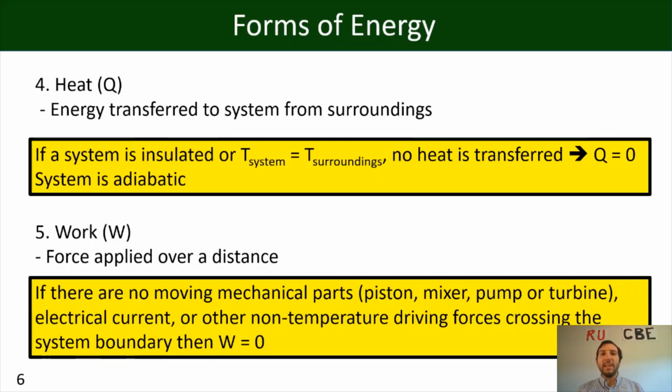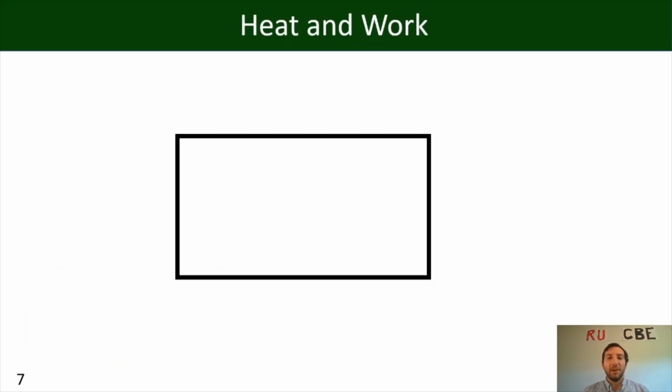And for heat and work, there's a sign convention that we should be aware of with regards to in which situations heat and work are going to be positive and which are we going to have something negative. So what I've got is a box to represent our system. And in thermodynamics, depending on who you speak with, different folks define it differently.